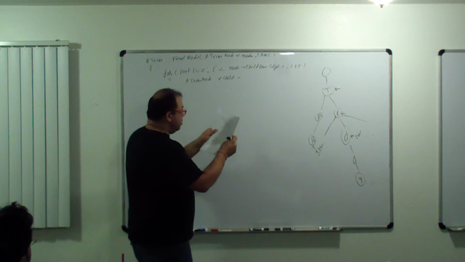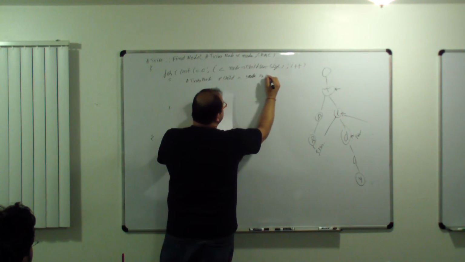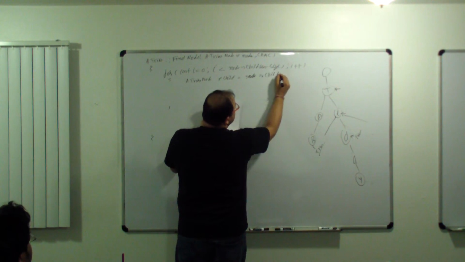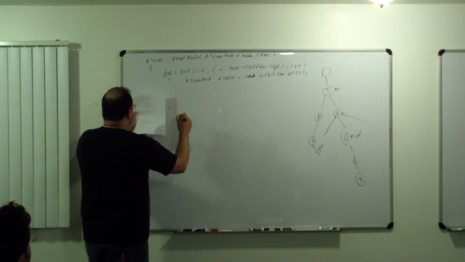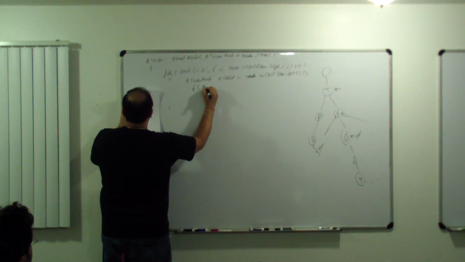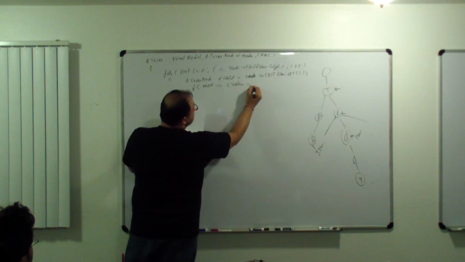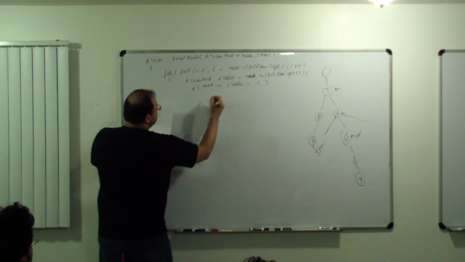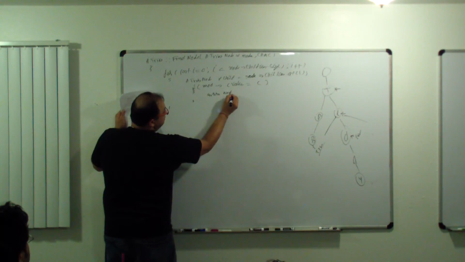So, node arrow children dot at i. I get the node and I check if node arrow value is equal to the character c, return node.